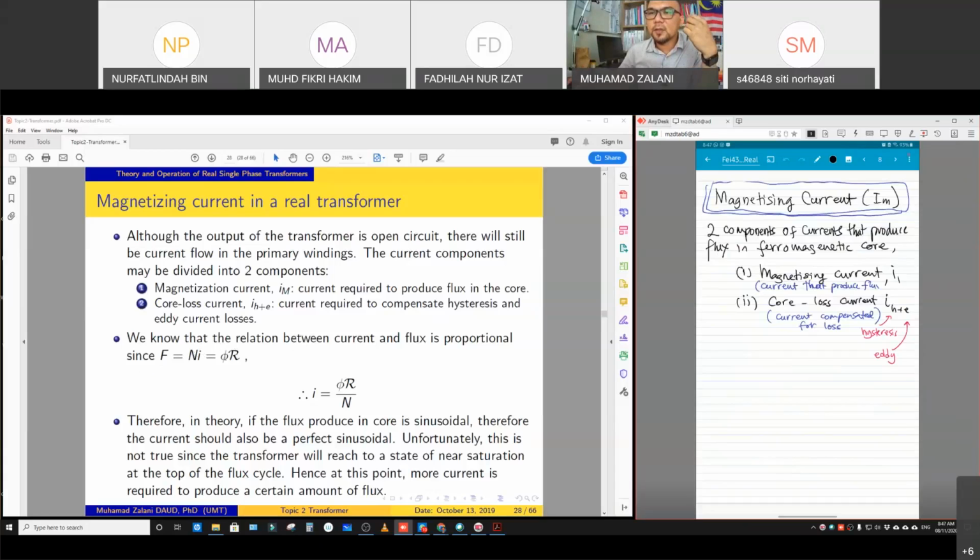And it also equals phi R, where phi is analogous to the current flowing in the wire for the electric circuit. And then R is reluctance.